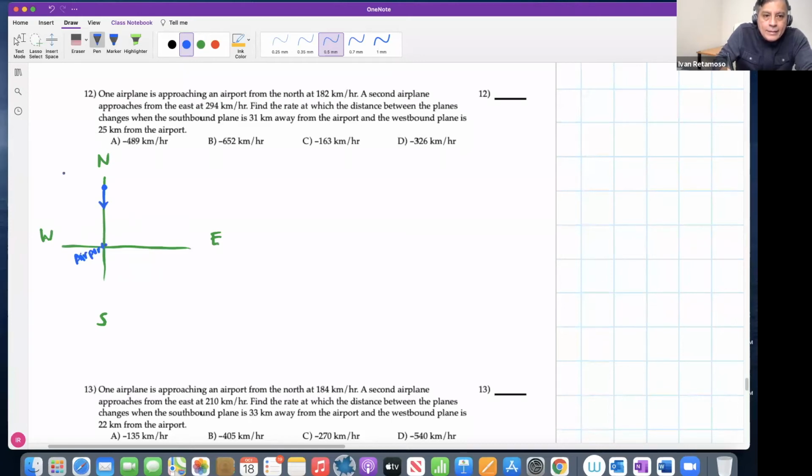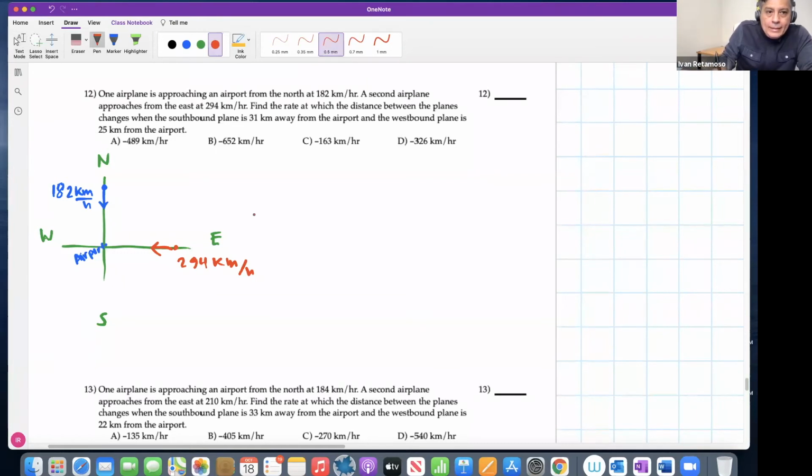At this speed, 182 kilometers per hour, in this direction. A second airplane approaches from the east, from here. Let's choose another color, and then at this speed, 294 kilometers per hour, this way. They're both headed to the airport here, right?